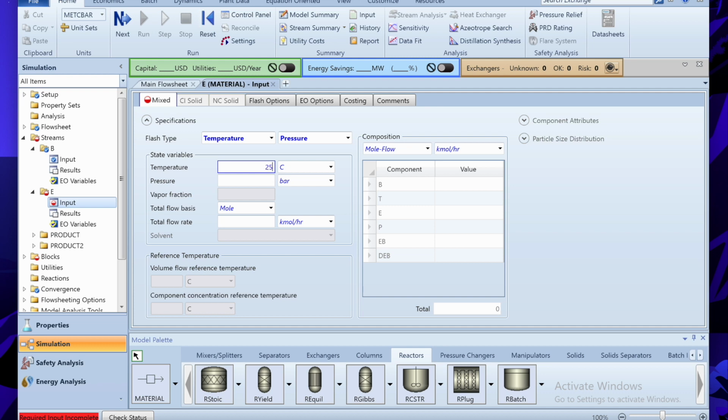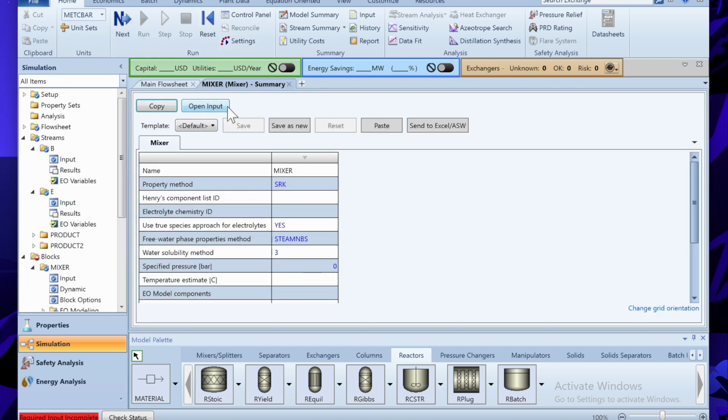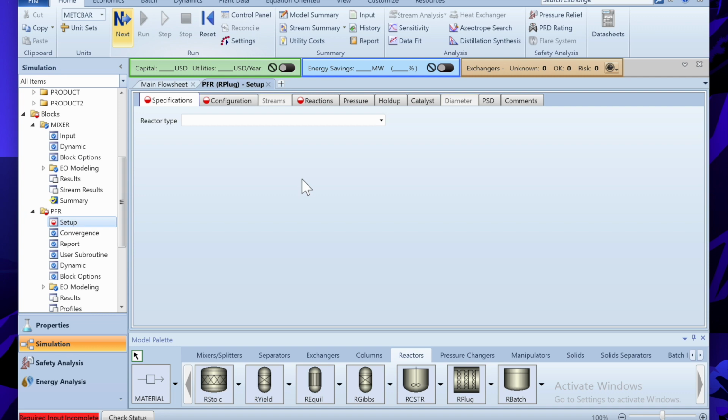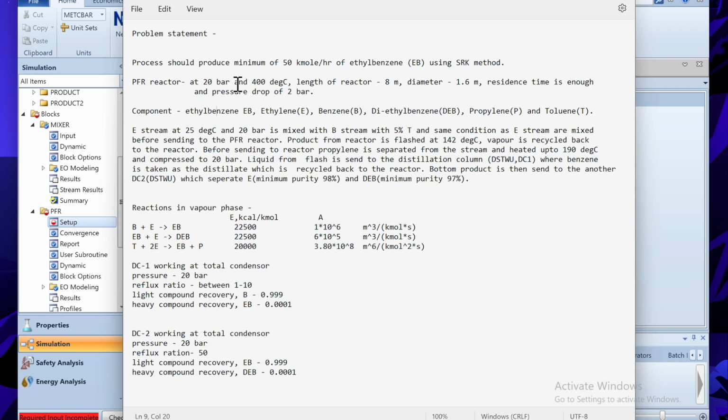Next is 25, 20, 50, same. The flow rate is not given, so we have to give some guess value. So mole fraction is 1. So next is the mixer, then next is the reactor. The reactor is working at 20 bar pressure and 400 degrees Celsius.